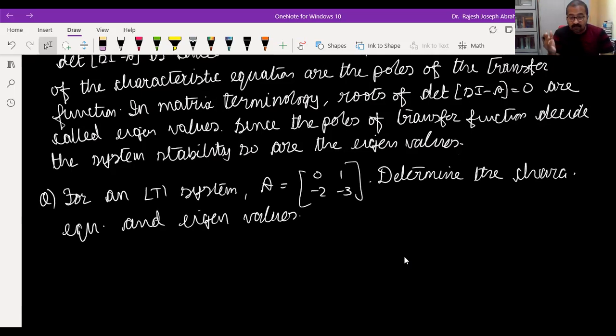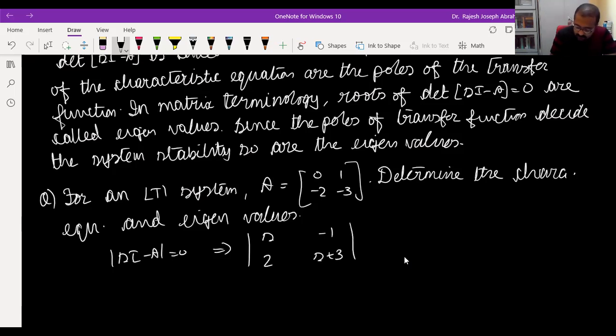What is the characteristic equation? Determinant SI minus A equal to 0. So here you will get the matrix [S, minus 1; 2, S plus 3] with determinant equal to 0. What will be the characteristic equation?